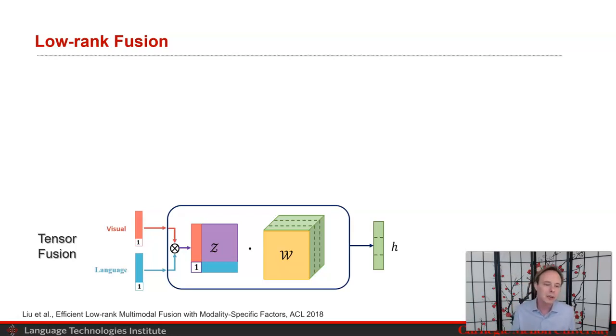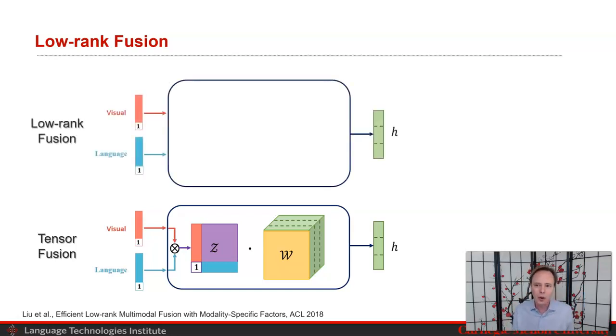But you would like to do this in a way that you don't have to create this big matrix. And you see the matrix is 3D, because there are many different ways, maybe multiple weights for each of these interactions. If you do it with three modalities, that gets even bigger.